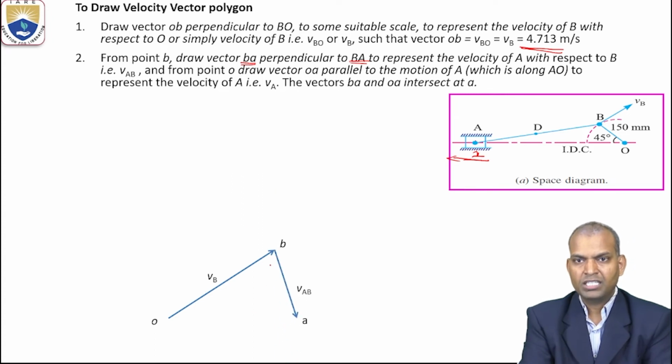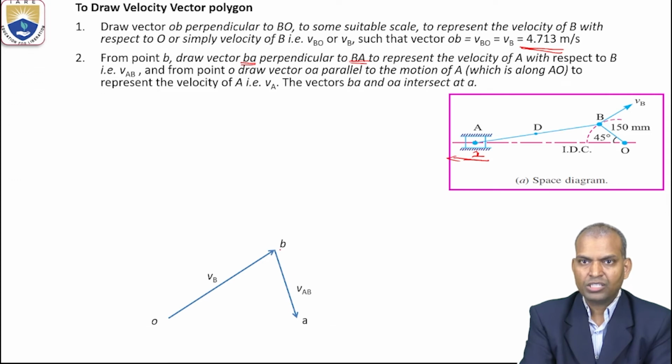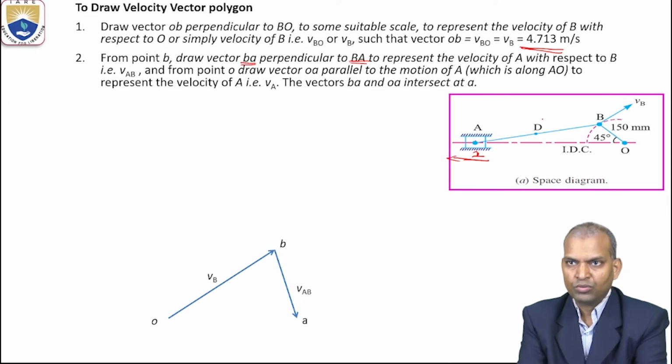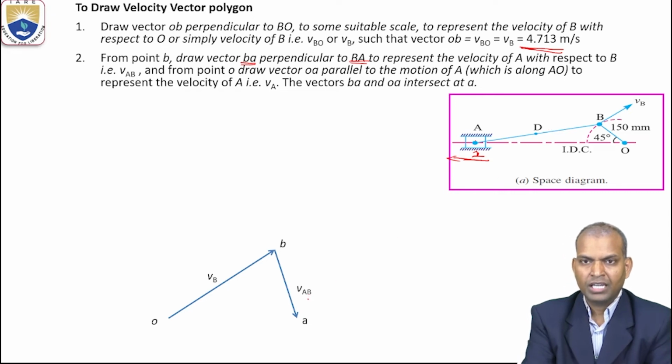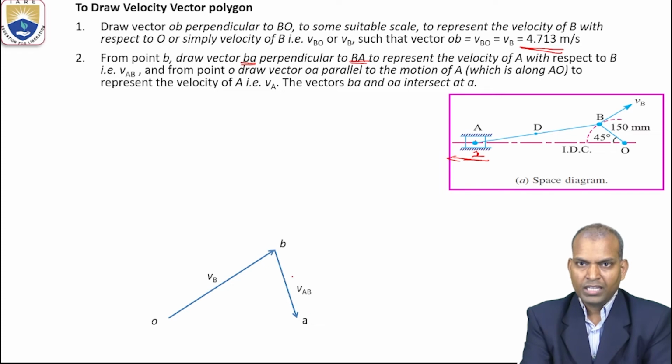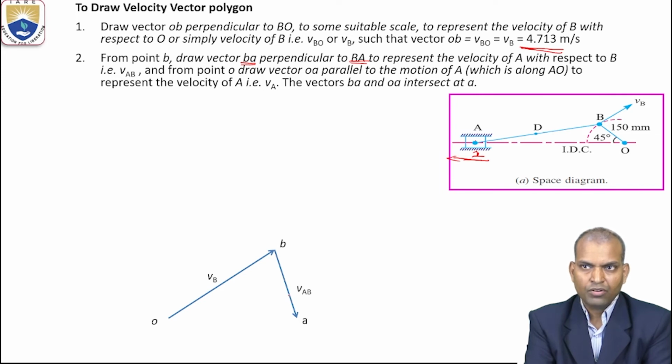Let us see. This is the VBA line. The VBA line, that is velocity AB or BA line, is perpendicular to the configuration diagram line AB. We know the direction, but we don't know the magnitude or the length of VAB, but you have to draw it.